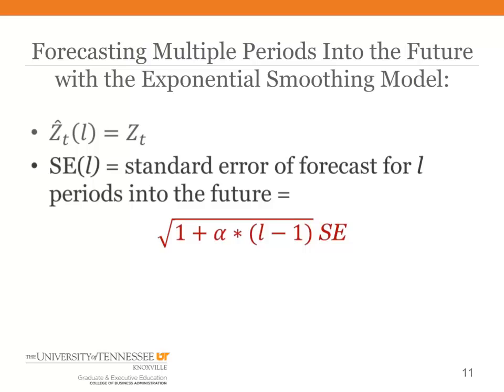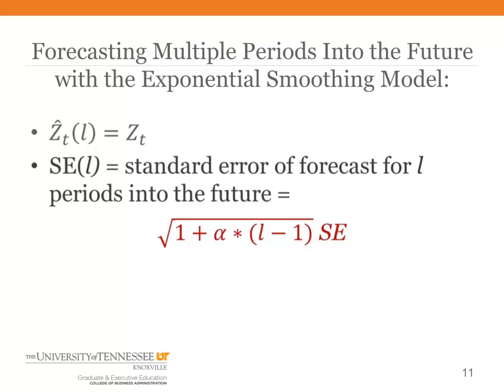And the way I compute that variation is the standard error of the forecast for L periods into the future, which is the square root of 1 plus alpha multiplied times L minus 1. Take all of that under the radical and multiply it times the standard error.